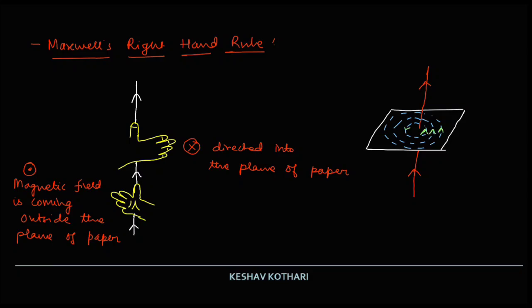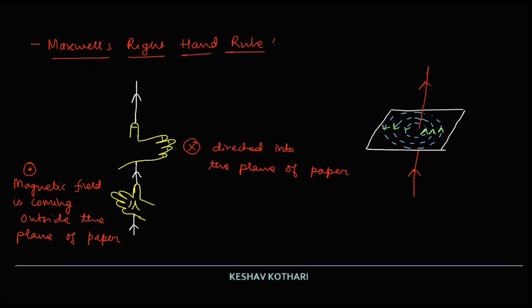If we place our right hand in the direction of the current carrying wire, then our palm will point in the direction shown on the cardboard. I am repeating one more time: place your right hand thumb in the direction of the current carrying wire, and your palm will point in the direction of magnetic field.